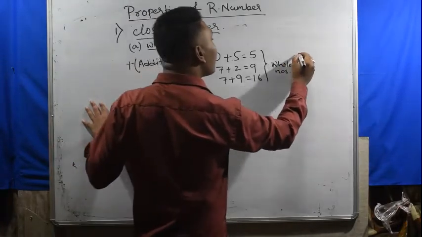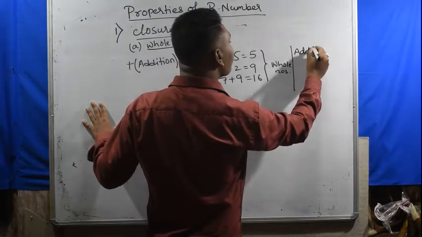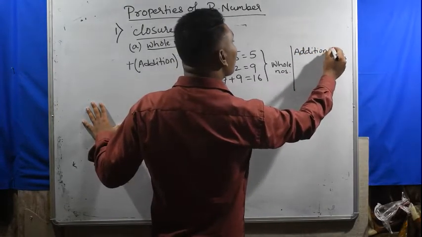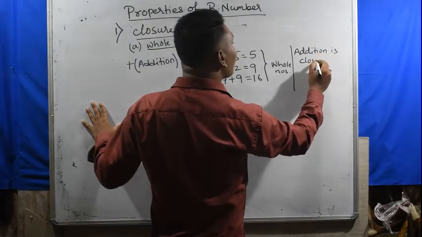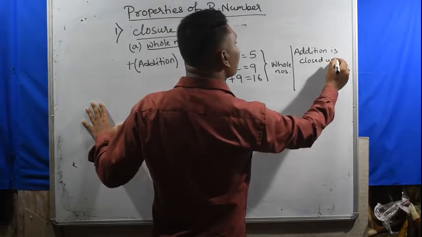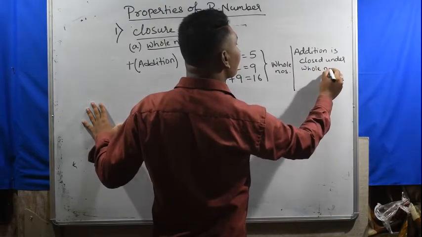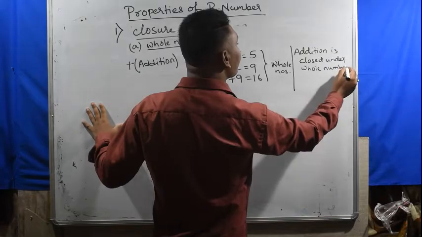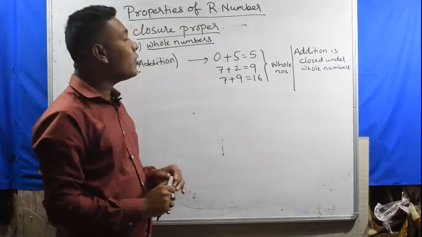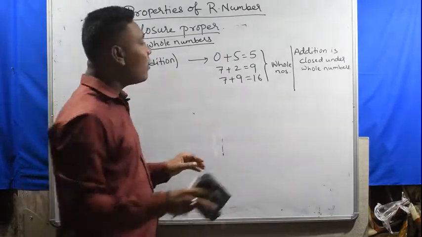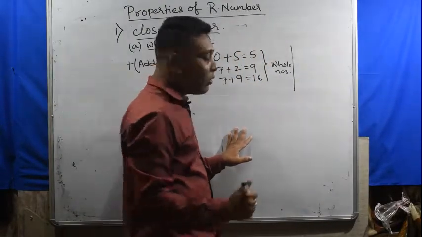Hence we can say addition is closed under whole numbers. Or rather, whole numbers are closed under addition. Saying addition is closed under whole numbers would be wrong.